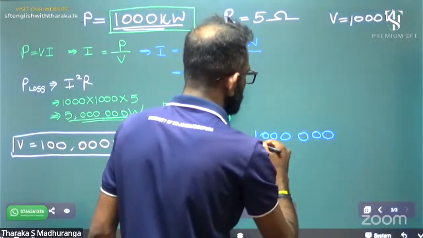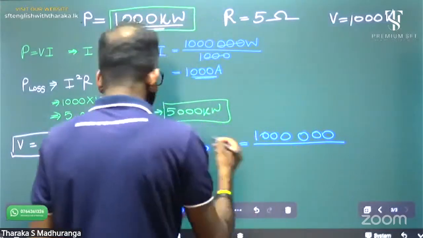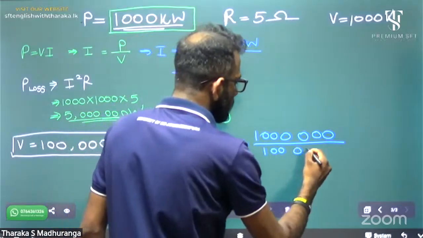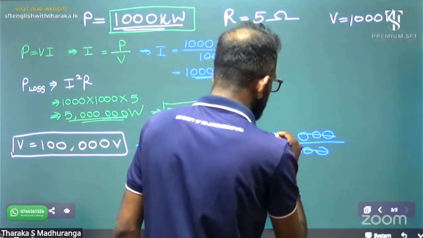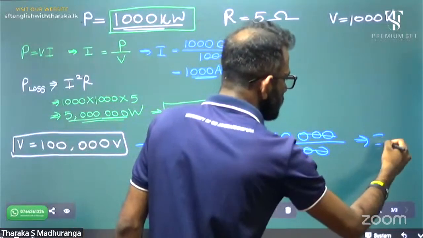That's the power. Divide by V. Now V equal 100,000. 3 to 3 cancelled. 10 ampere is the I. I equal 10 ampere.